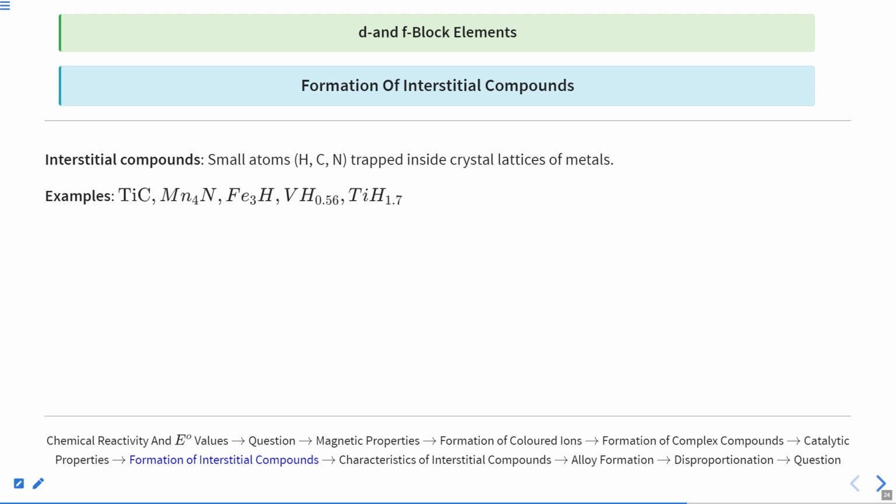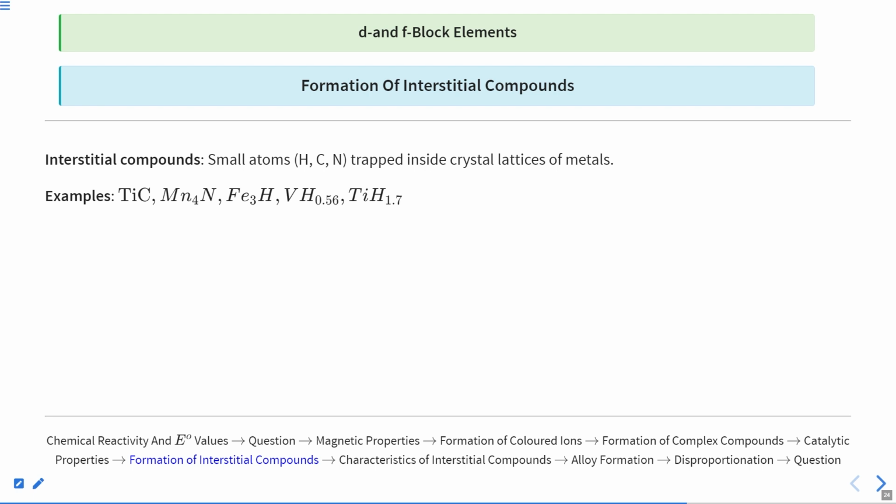Now we'll talk about interstitial compounds. We'll cover it in more detail in an upcoming lecture; for now I'm giving a quick introduction. So what happens here? Small atoms like hydrogen, carbon, and nitrogen get trapped in the metal bulk, and due to that we see an interstitial compound.